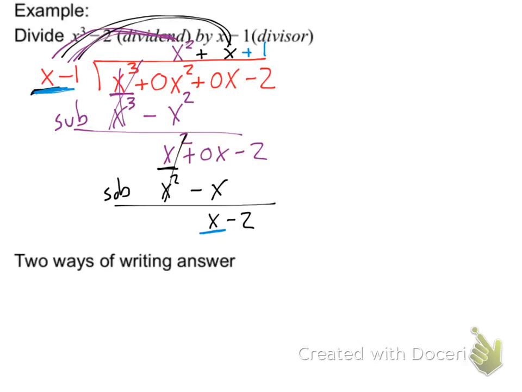And 1 times x, x. 1 times negative 1, negative 1. And I always like to, guys, write subtract, subtract, subtract, because that way, in my mind, I am not going to forget. x minus x, gone. Negative 2 minus a negative 1, it's negative 1.